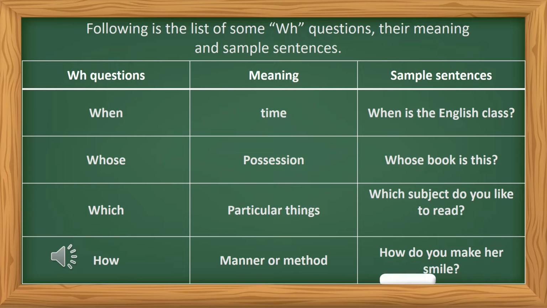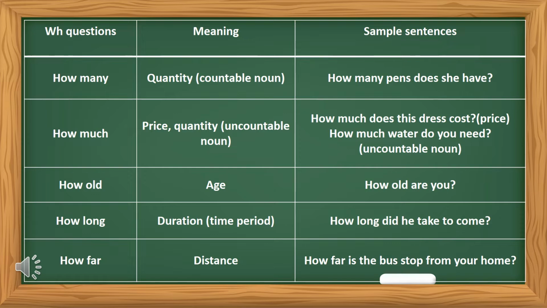So how is used to ask about the way things are done. How is used in many different ways. There is how many, how much, how long, how far, how old. So we are now going to understand the usage of all these WH questions.